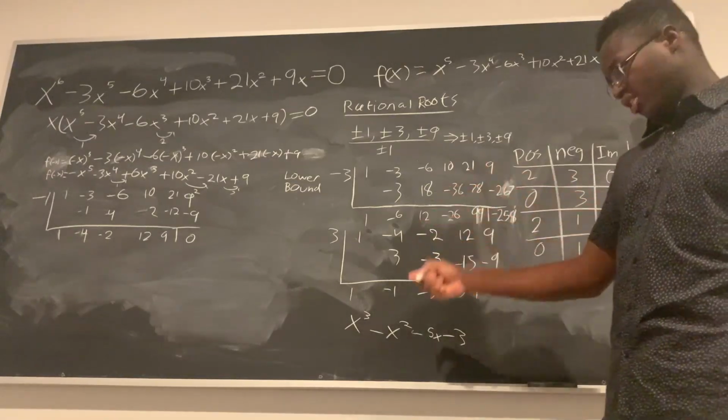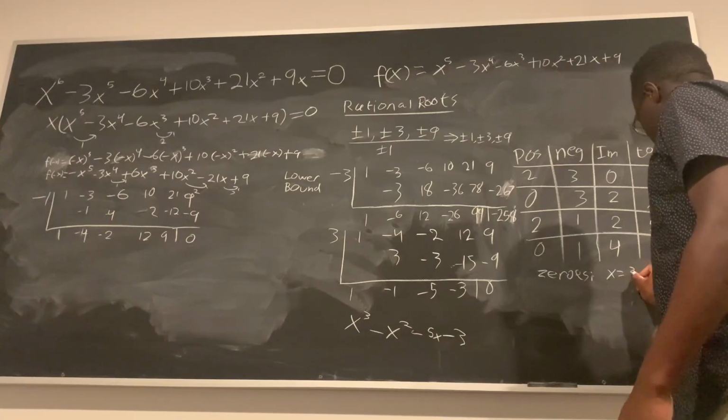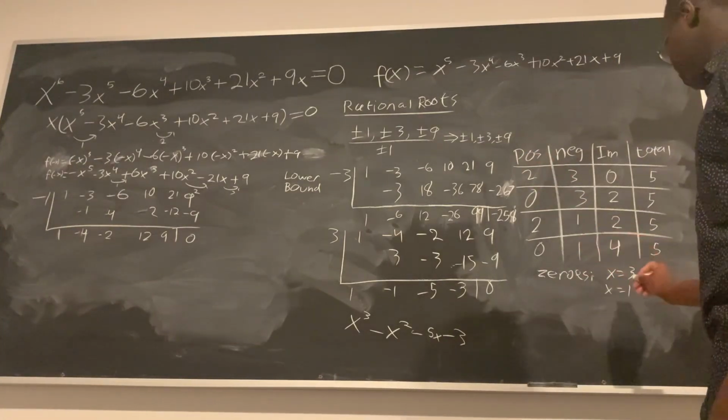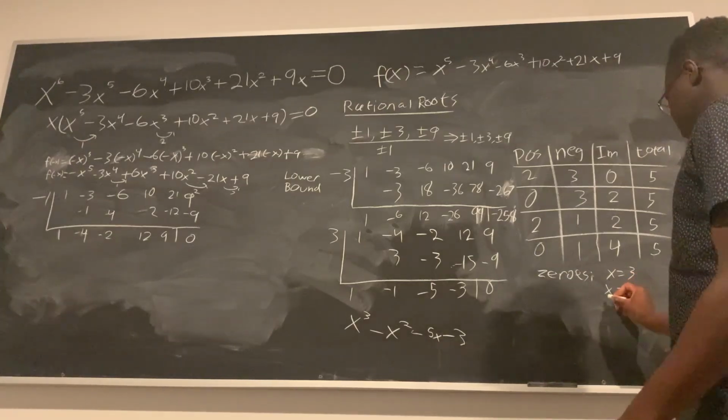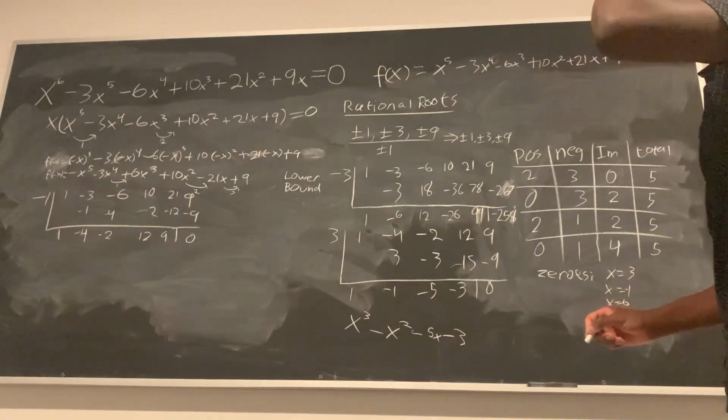So one thing we know, x equals 3, that's a 0. x equals negative 1, that's also a 0. And don't forget about our first one we found right off the bat, x equals 0, which is also a 0.